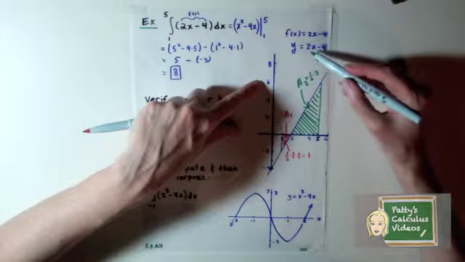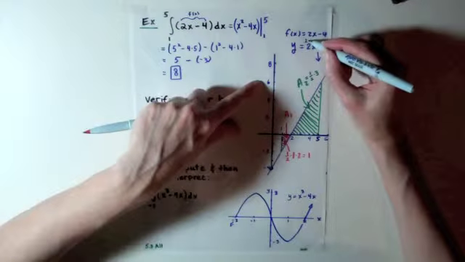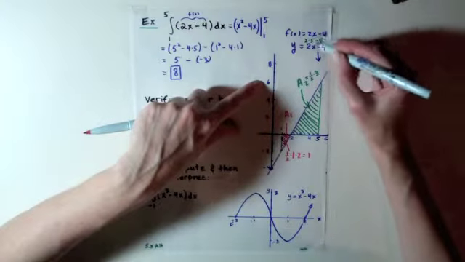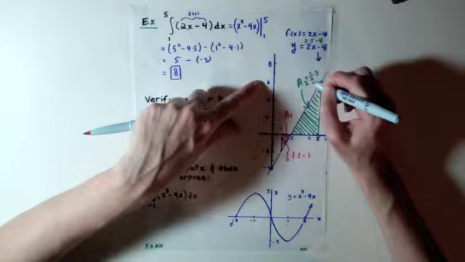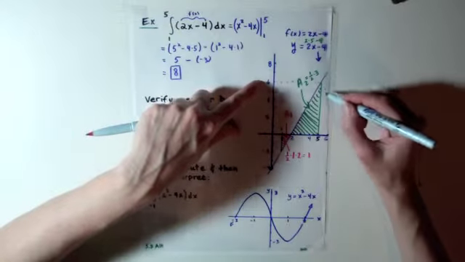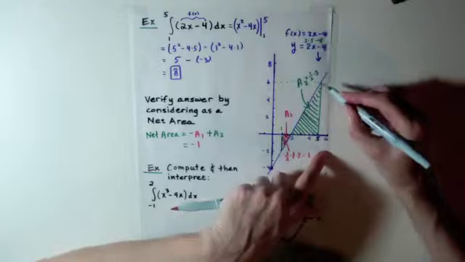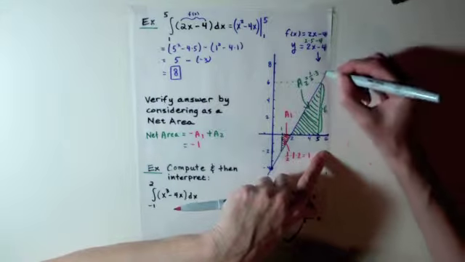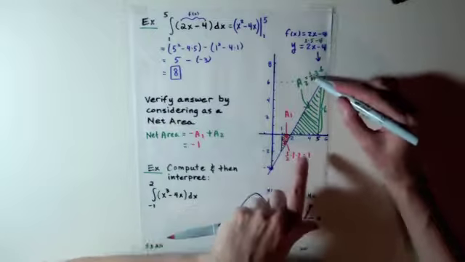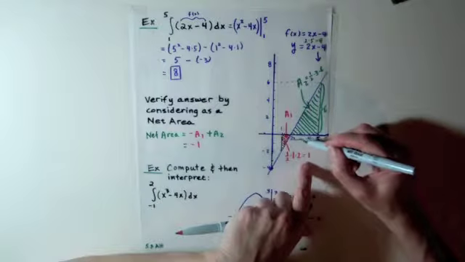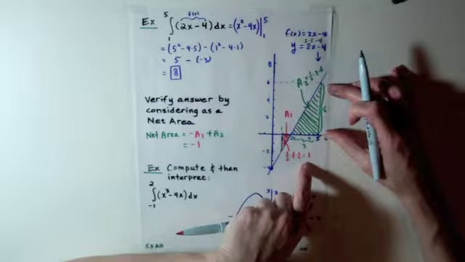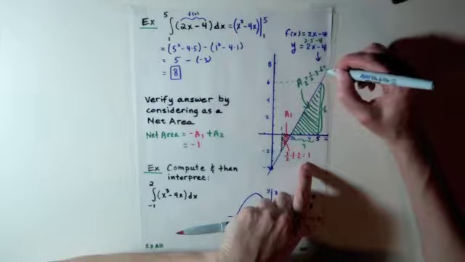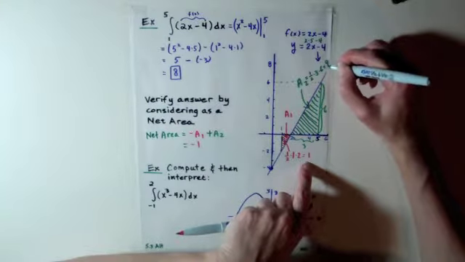And if I plug 5 into this function, 2 times 5 minus 4 would be 10 minus 4 would be 6. So the output value here is 6 if my graph isn't perfect enough to tell. So the height of this thing is 6 units. And so my area will be 1/2, the base is 3, and the height is 6. So it looks like I would get an area of 18 over 2, that'd be 9.